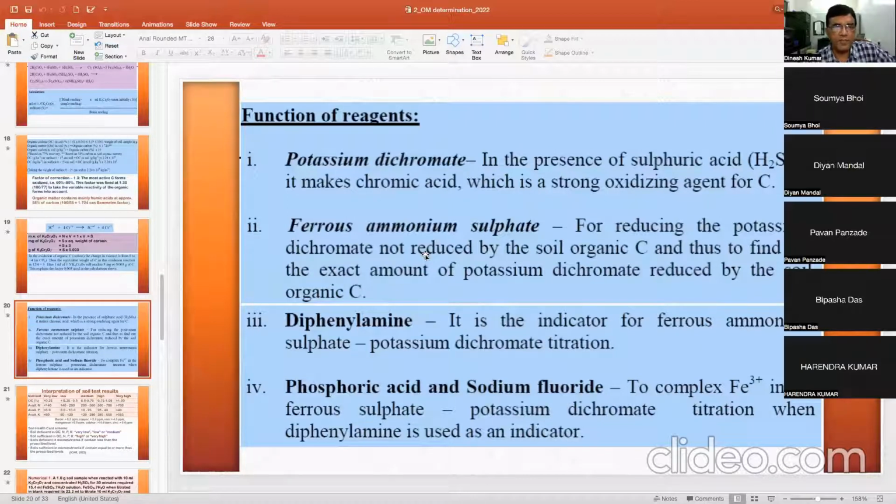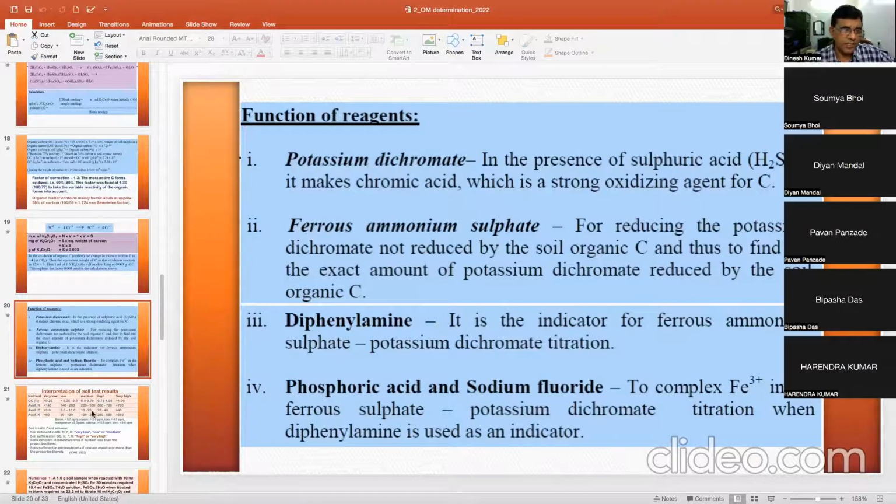Phosphoric acid and sodium fluoride are used when we use diphenylamine indicator. It is just to complex iron in the ferrous sulfate. In potassium dichromate titration when diphenylamine is used as an indicator, the iron interferes with the oxidation process. Therefore, it is required to be complexed with phosphoric acid and also with the help of sodium fluoride.